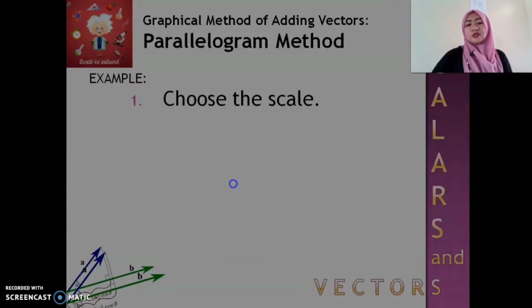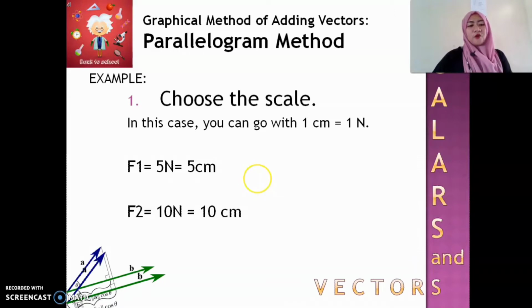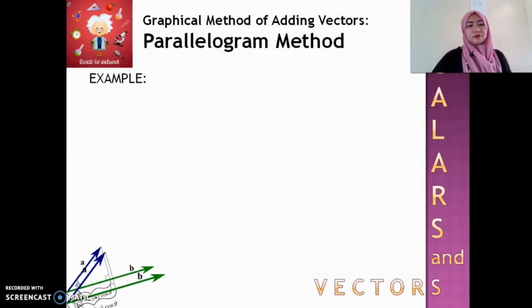Number 1, you choose the scale. In this case, you can go with 1 centimeter equal to 1 Newton. So our first force is 5 Newtons, which is equivalent to 5 centimeters. Next, force 2 is equal to 10 Newtons, so based on our scale, that is also equal to 10 centimeters.